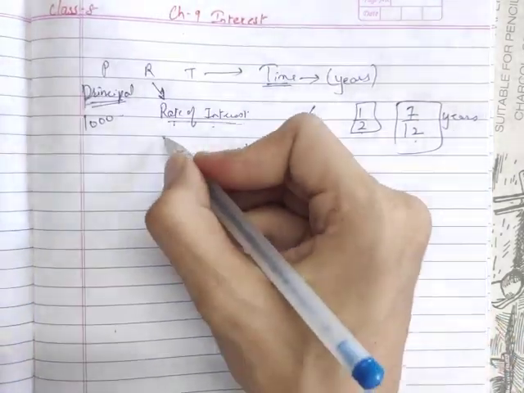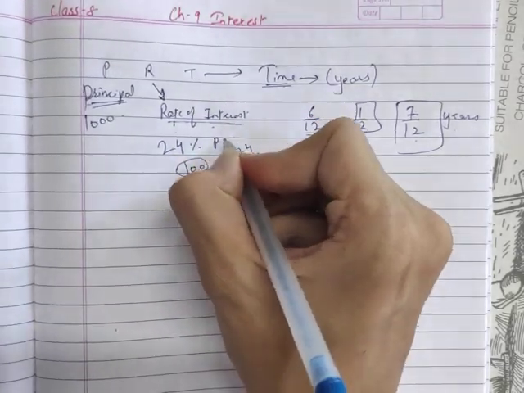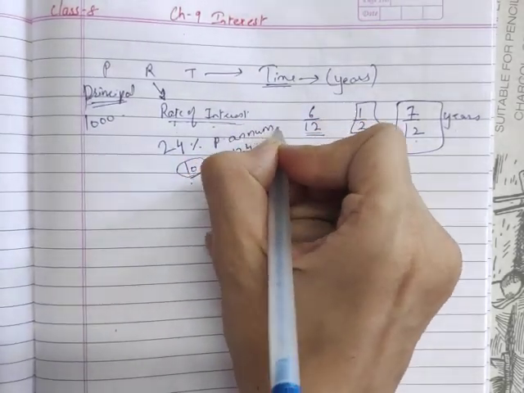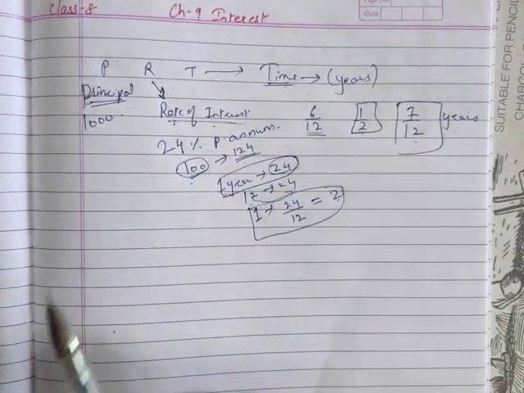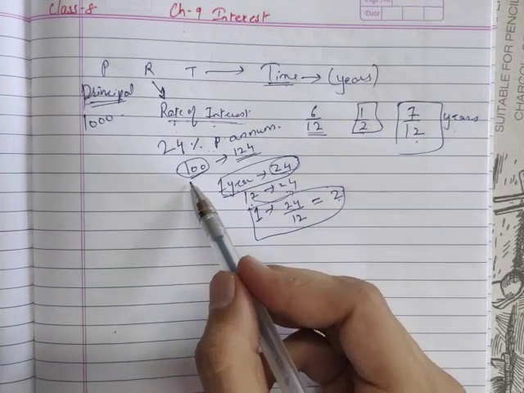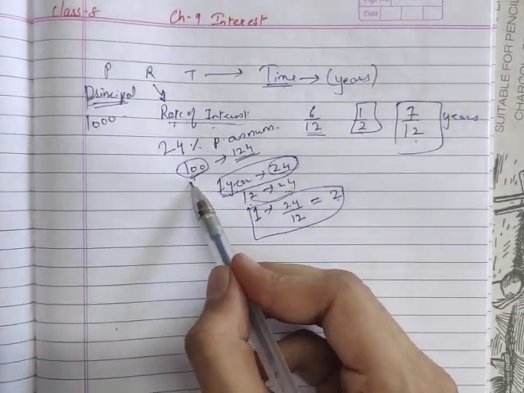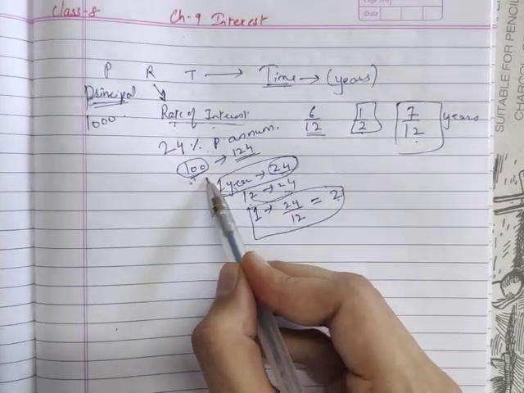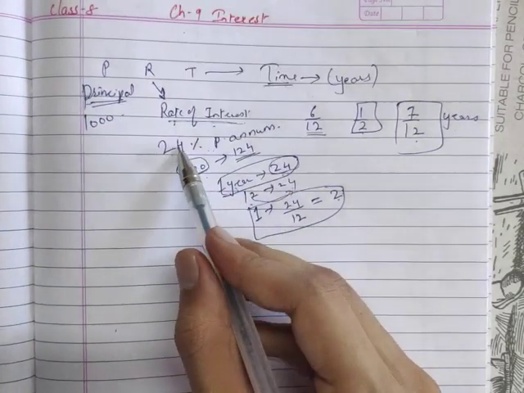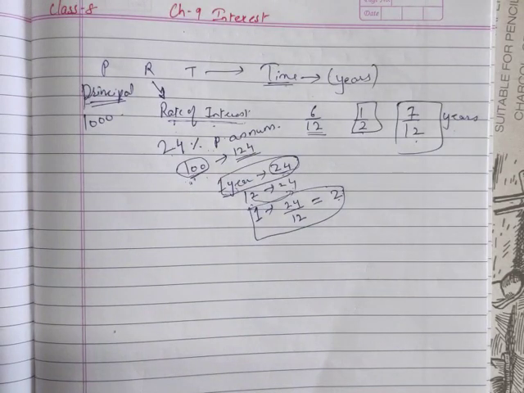That means my rate of interest is 24% per annum. Per annum means per year. I'll repeat. Rate of interest means on 100, always on 100, how much did you pay extra in a year? So I paid 24 extra in this case. That means 24% is the rate of interest per annum, that is, per year. Okay.